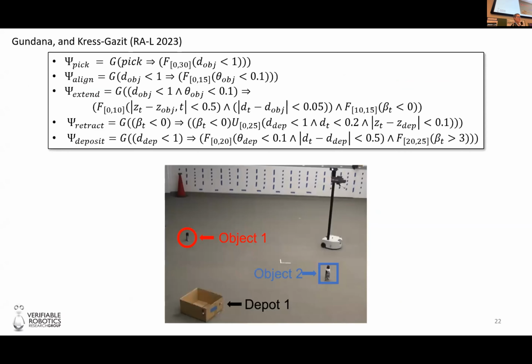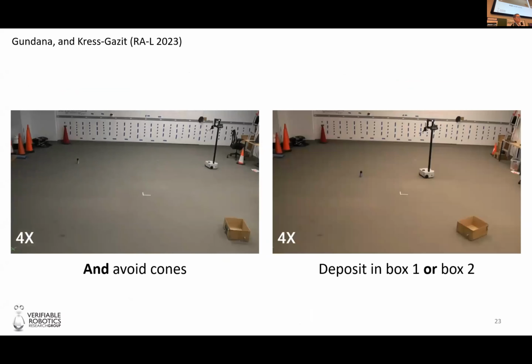the task was to pick up an object and put it in the box, and here what we did is we modified the task as it's executing, adding, basically, "and avoid obstacles." So it's just a conjunction. You just added a few more symbols to create a totally different behavior. This was the "and avoid cones."